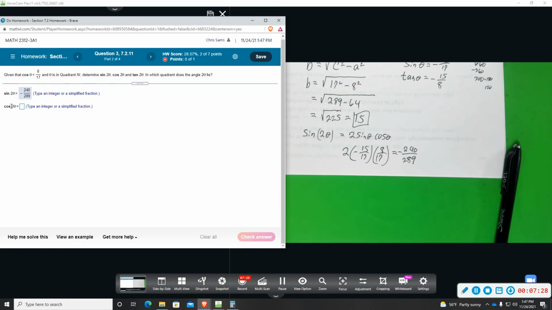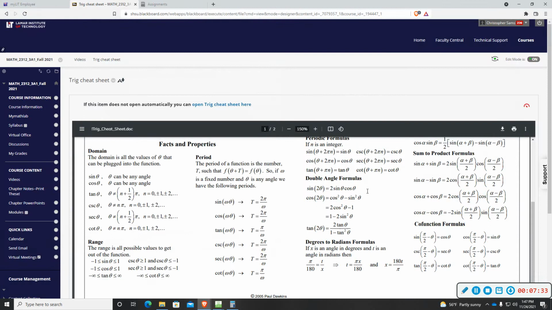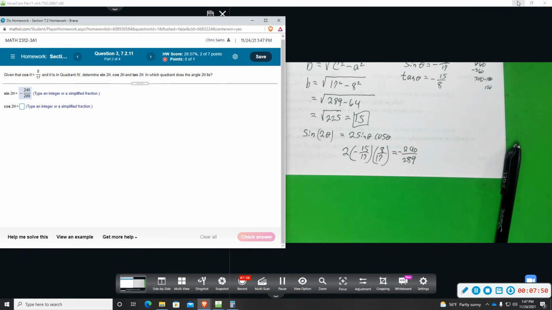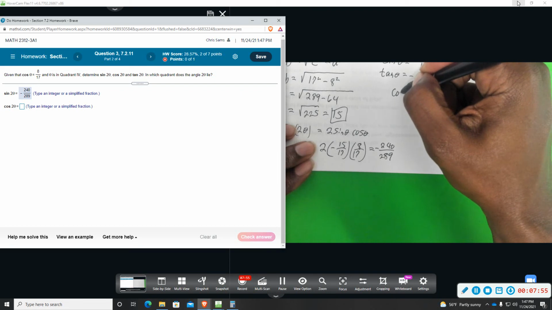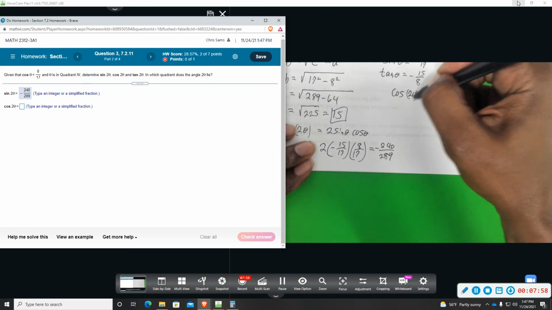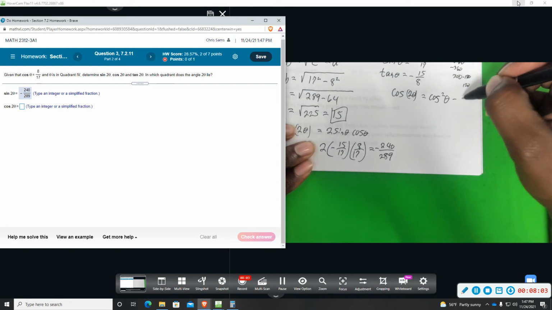And then cosine 2 theta. We can just do cosine squared minus sine squared. Again, there's 3 different versions here, but the first one should suffice. So cosine squared theta minus sine squared theta.